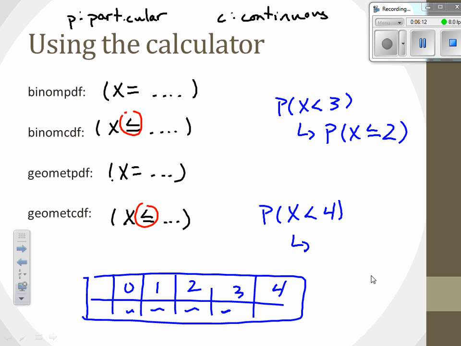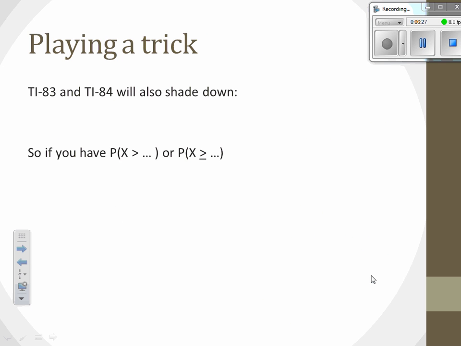Less than 3 would be cut off here, so that's 2 or below. Less than 4 would be the probability that x is less than or equal to 3. So that's one of the tricks you've got to be aware of in the calculator. The other is that your calculators will only do down. So if we have greater than or equal to, what we're going to have to do is use the complement rule.